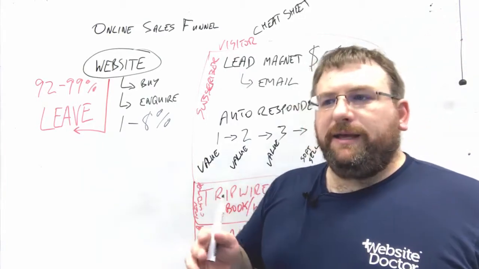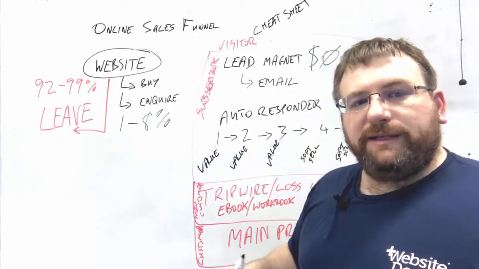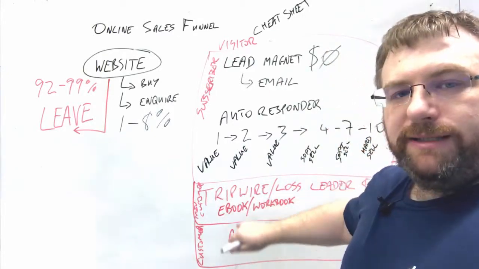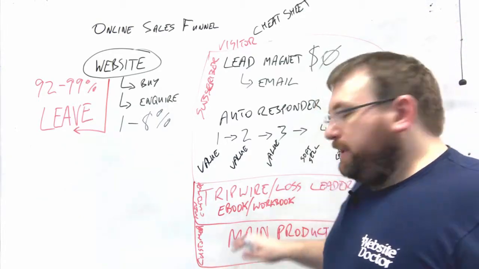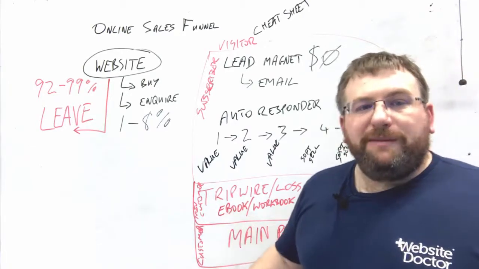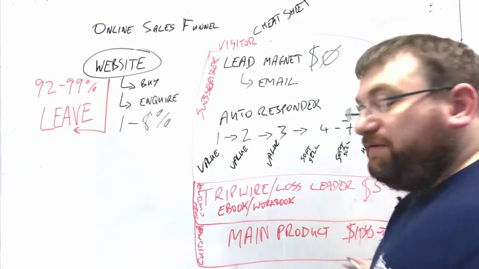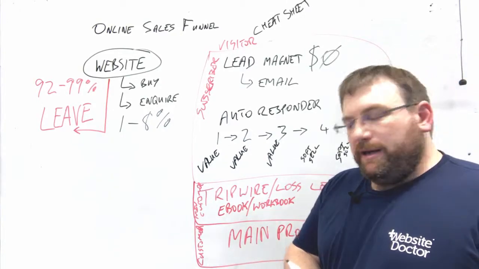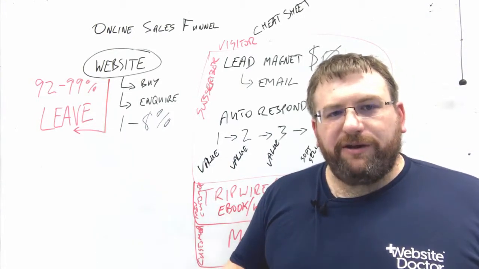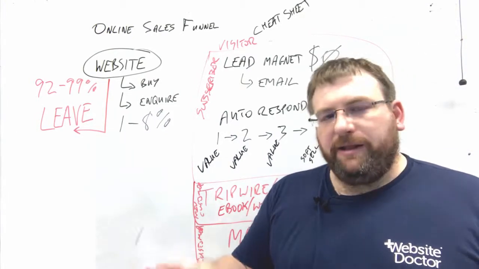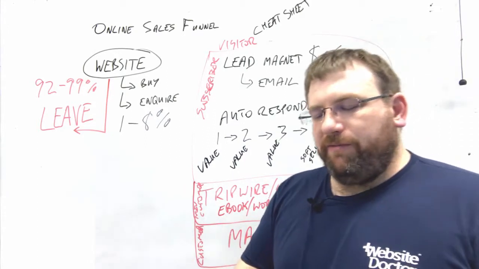Now, you can add in all sorts of different steps in this. With your upsells, you can also offer downsells. So let's say they say yes to the Tripwire product, but they say no to the main product. If they do that, then you can offer them a downsell, which is some sort of other lower valued product, something that might be, say, $50. And typically there is a rule, because obviously this could be very irritating for somebody who just wanted one thing, and then they keep getting these offers and they're saying, okay, just give me what I paid for, or just give me what I subscribed for.